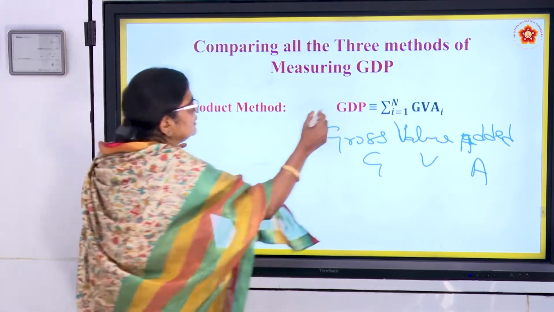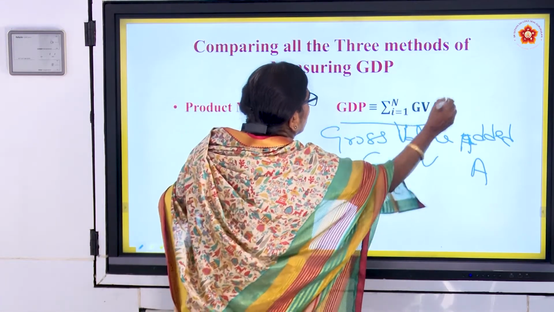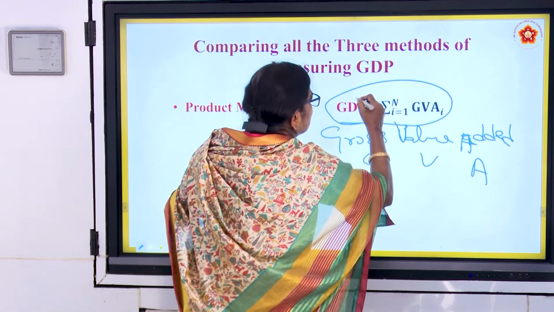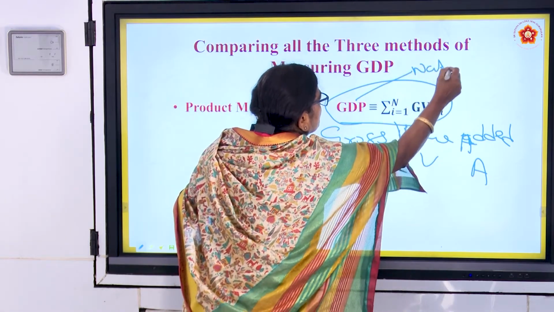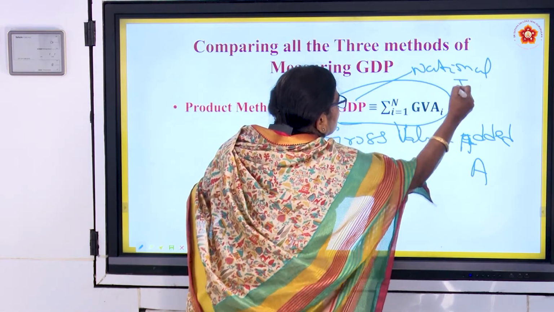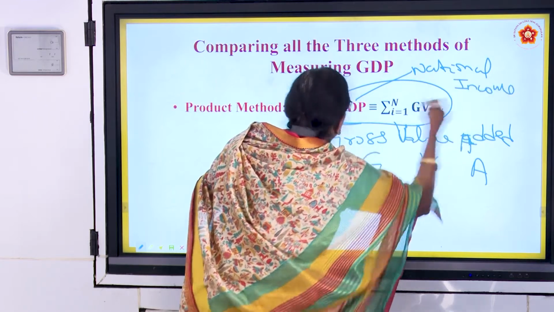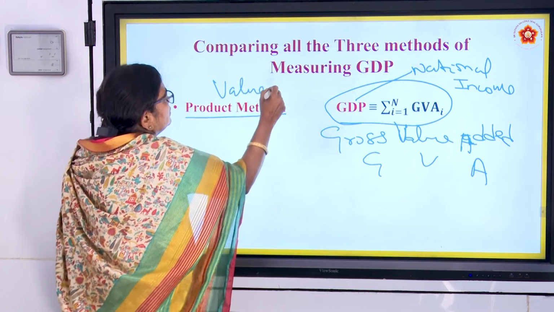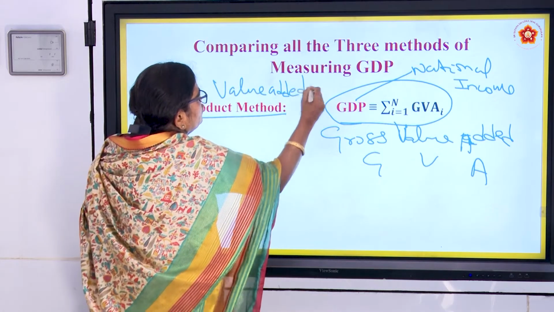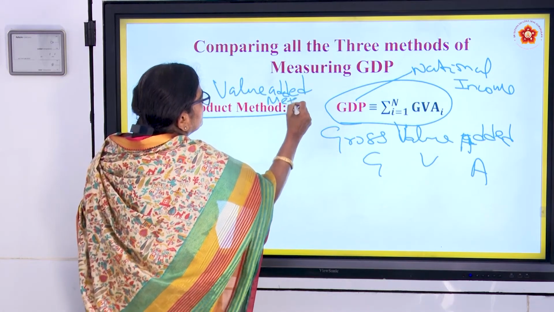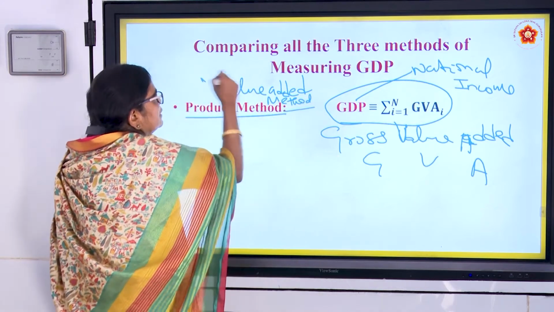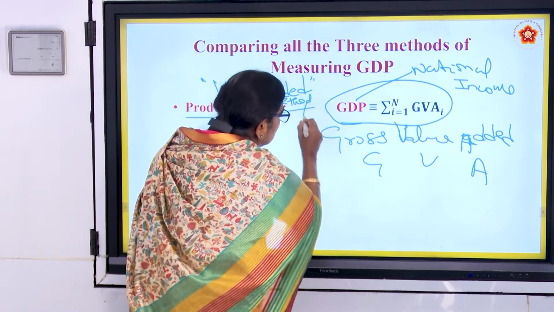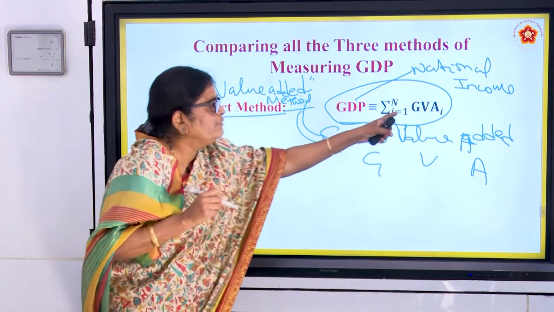Therefore, this is the equation for the national income by the product method or value added method.